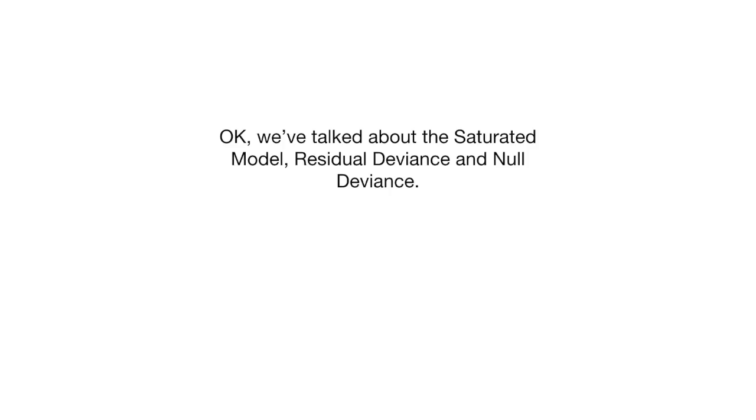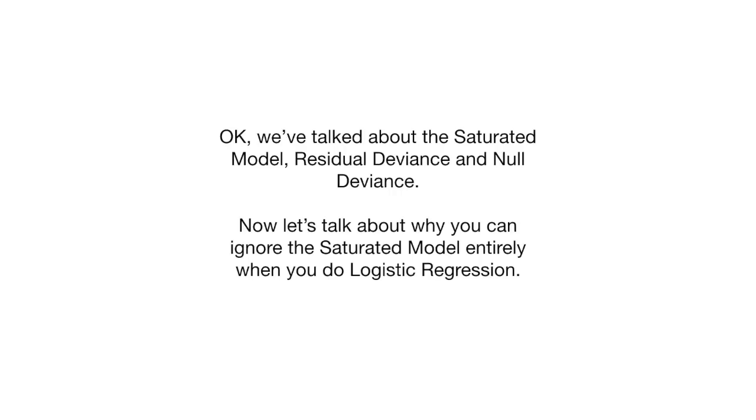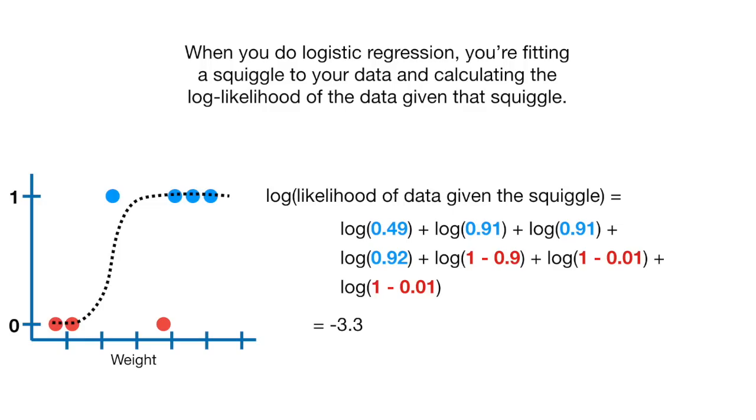Okay, we talked about the saturated model, residual deviance, and null deviance. Now let's talk about why you can ignore the saturated model entirely when you do logistic regression. When you do logistic regression, you're fitting a squiggle to your data and calculating the log likelihood of the data given that squiggle.